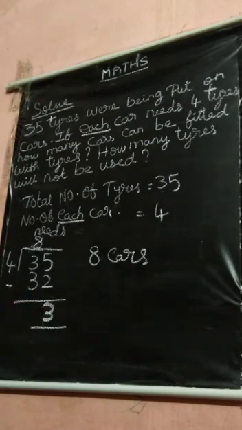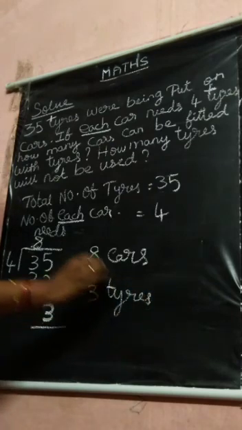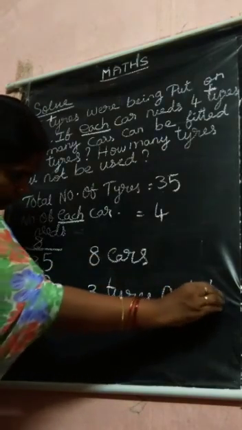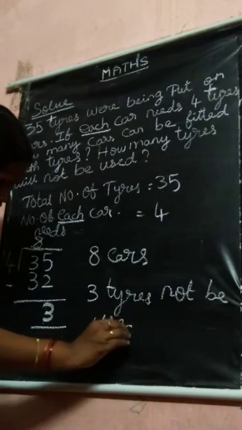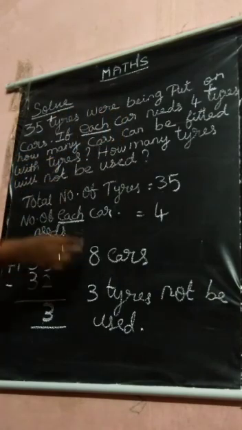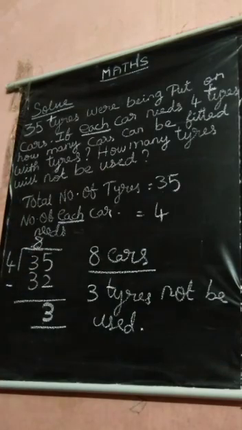The 3 tires are not used. 3 tires not used. How many cars can be fitted with tires? 8 cars are fitted with tires. The next question is how many tires will not be used. How many remaining tires are there? 3 tires, so the 3 tires will not be used.